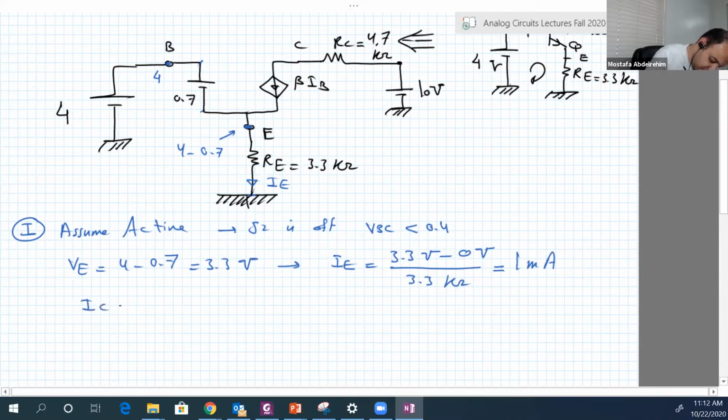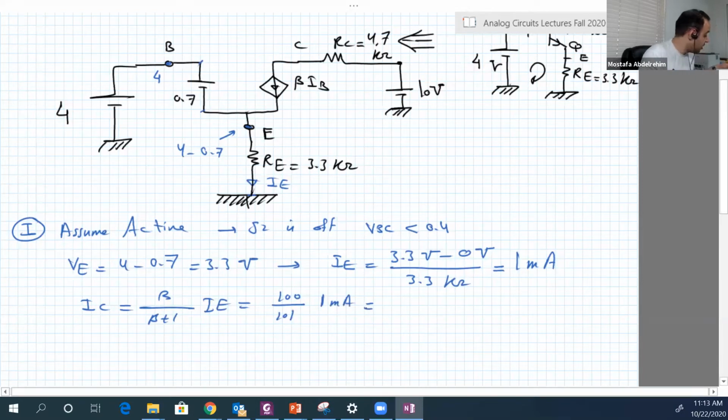Now IC equals beta over beta plus 1 times IE. Beta is known, 100, and IE now is 1 milliampere. So IC will be 0.99 milliamps.